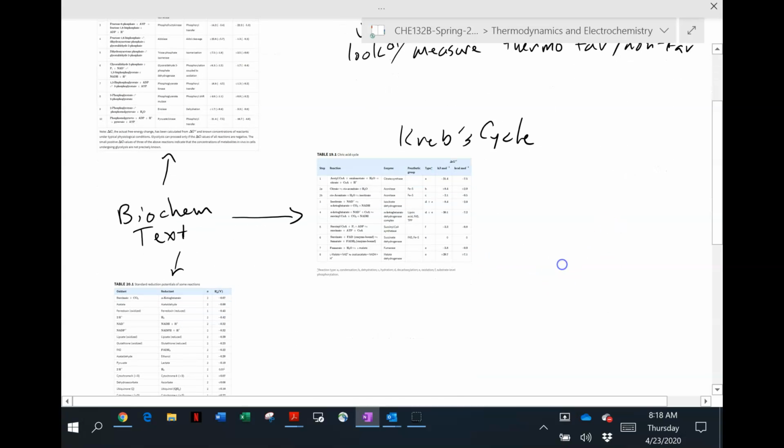And then the third one is a general table, but it's from the section on the electron transport chain, or what's called oxidative phosphorylation.